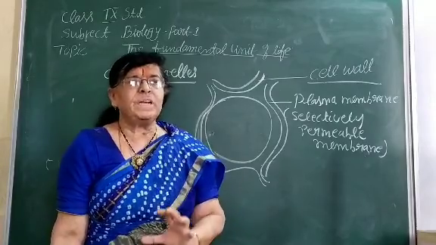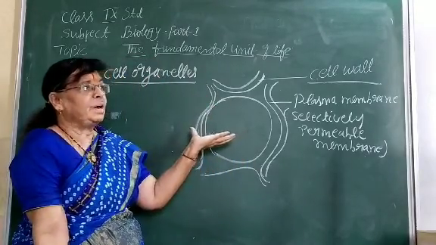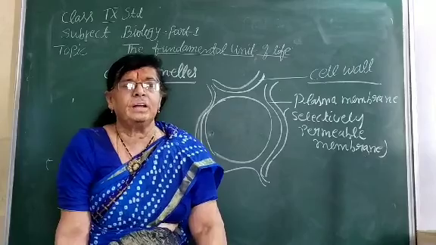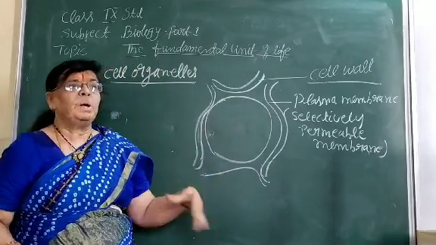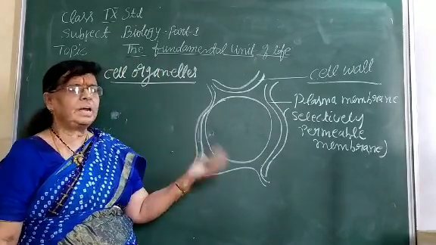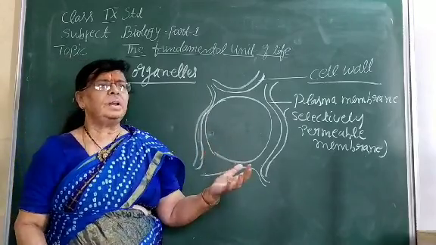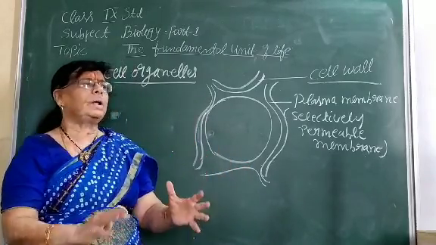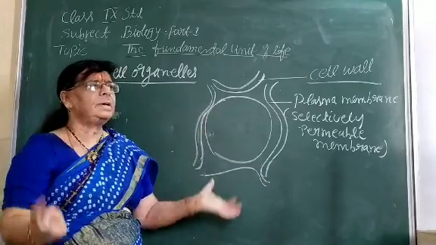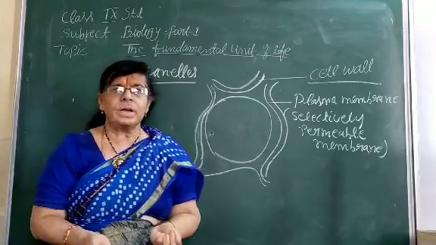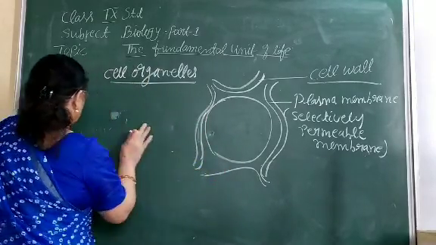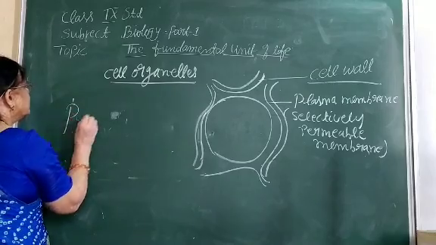Why does this happen? When the outside medium is highly concentrated, osmosis cannot take place. Therefore, the cell is going to lose its water. Hence, the entire cell will become shrunken. Now, this process is called plasmolysis.